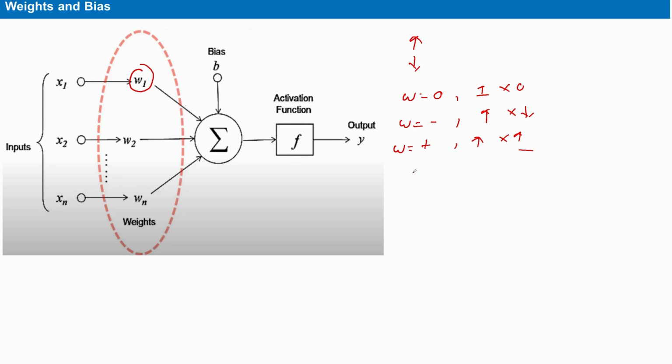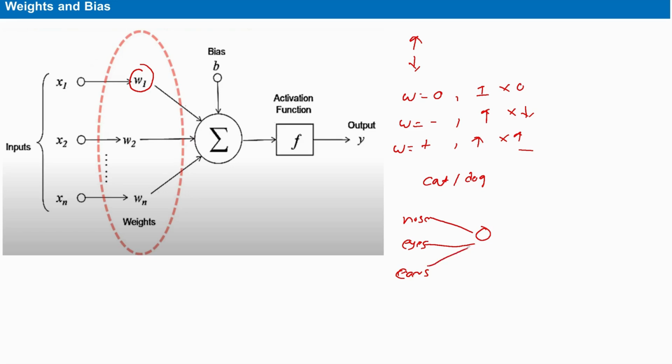Suppose you are working on cat and dog classification, and you have a neural network in which you provide features like the nose of the cat or dog, the eyes of the cat or dog, or the ears of the cat or dog. These features are input to one of the neurons.